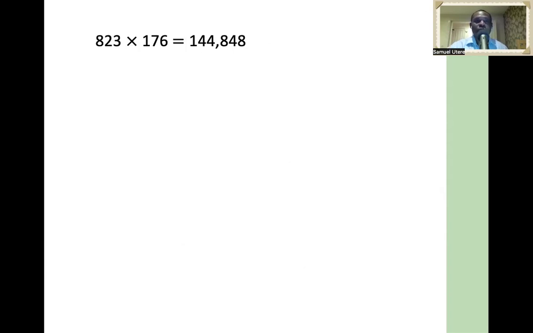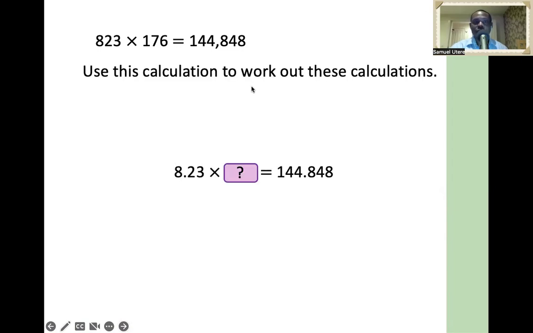Okay, when we do this calculation, sometimes we can use calculations like this to find the missing number in a decimal calculation. So we can see here that this is divided by 100.